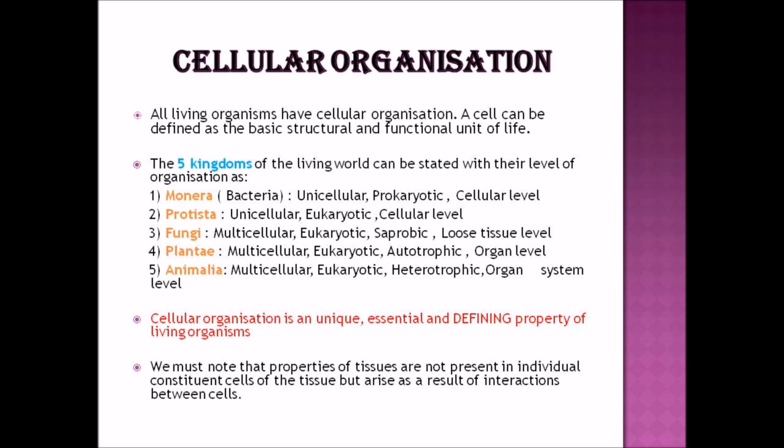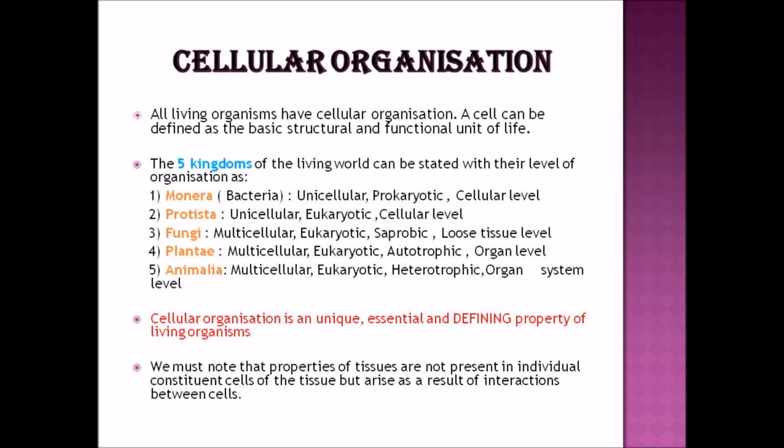Rather, they depend on plants for their food. It is also termed holozoic because animals ingest solid form of food. Animals have an organ system level of organization in which the organs distinctly coordinate to form an organ system.